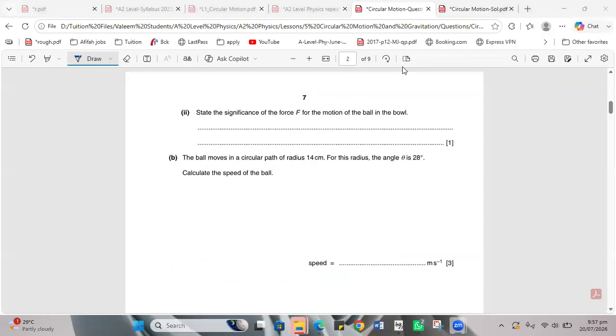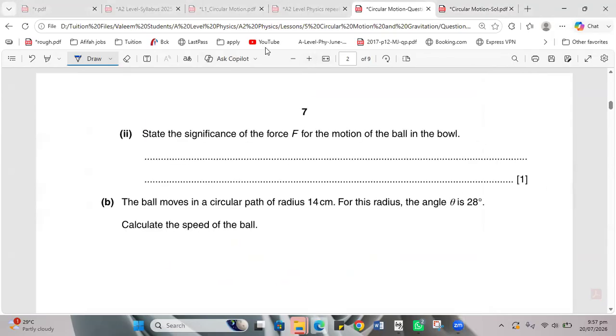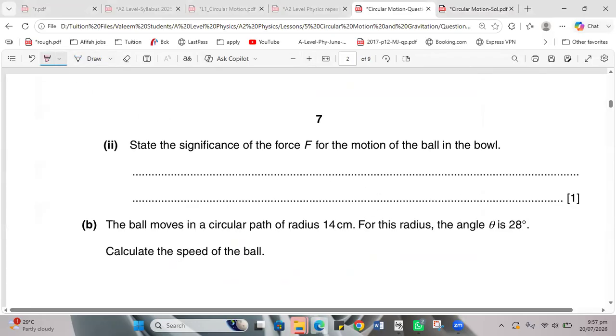Right, moving on. Next part, please. 1 mark: State the significance of the force F for the motion of the ball in the bowl.